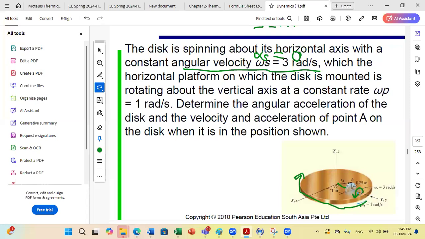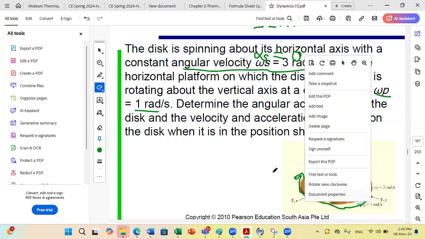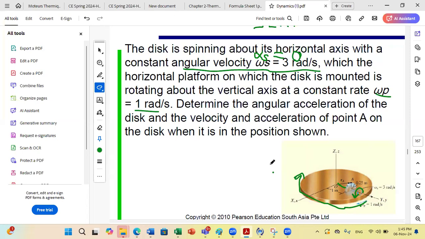And we have that the plate is rotating at a constant rate, omega p, equal to 1 radian per second. If we look at the figure, if we do the right-hand rule, omega p is along negative z. So omega p vector is equal to minus k.